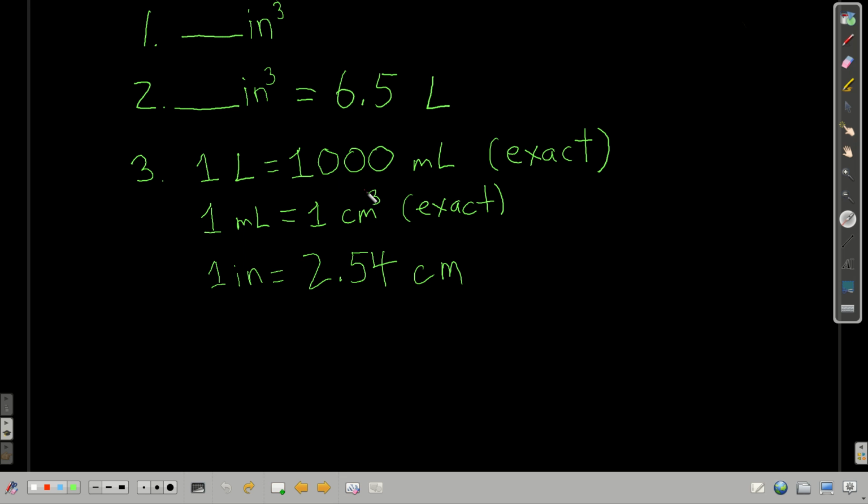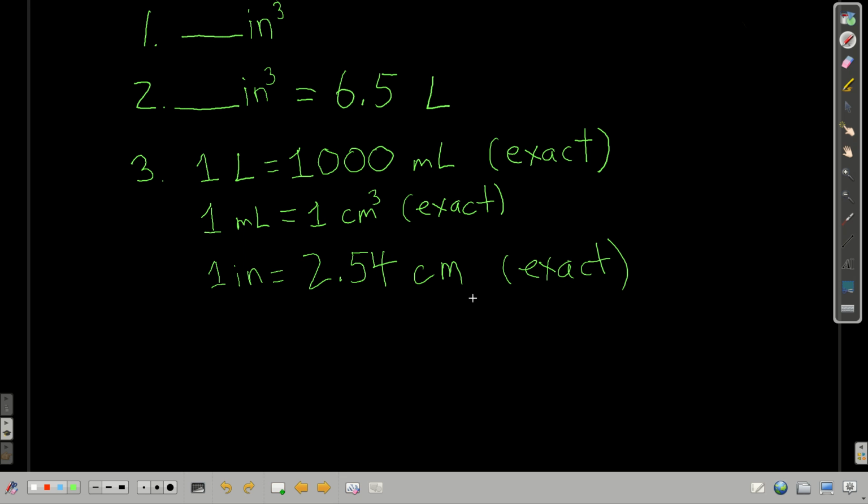That converts liters to milliliters. Well, we're not there yet, that's for sure. But I do know, remember that one? 1 milliliter is equal to 1 centimeter cubed, which is also exact. And we're getting there, but we still need cubic inches, not cubic centimeters. What we do know is a relationship between inches and centimeters. 1 inch is equal to 2.54 centimeters, exactly.